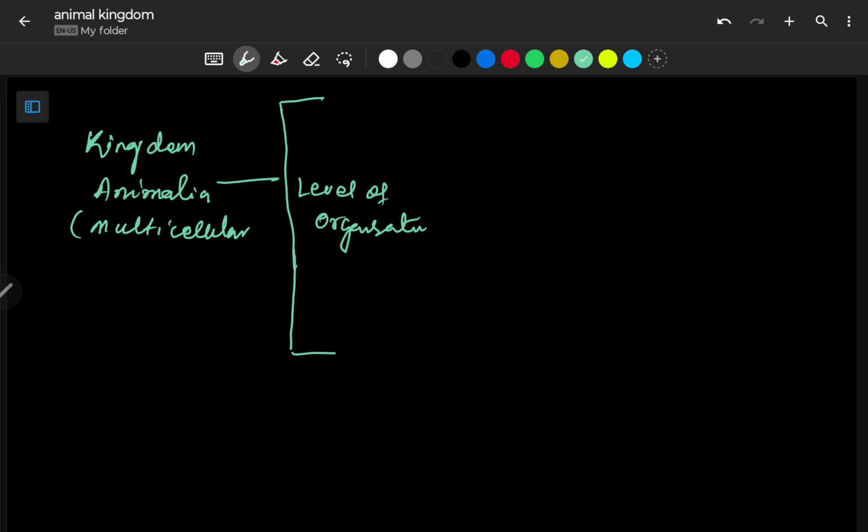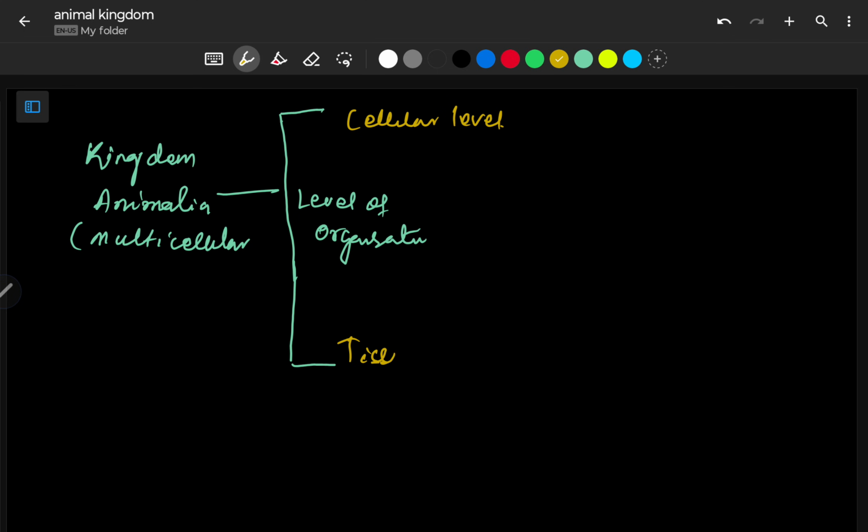On that basis, they are having either cellular level or tissue or organ system level of organization. Okay.